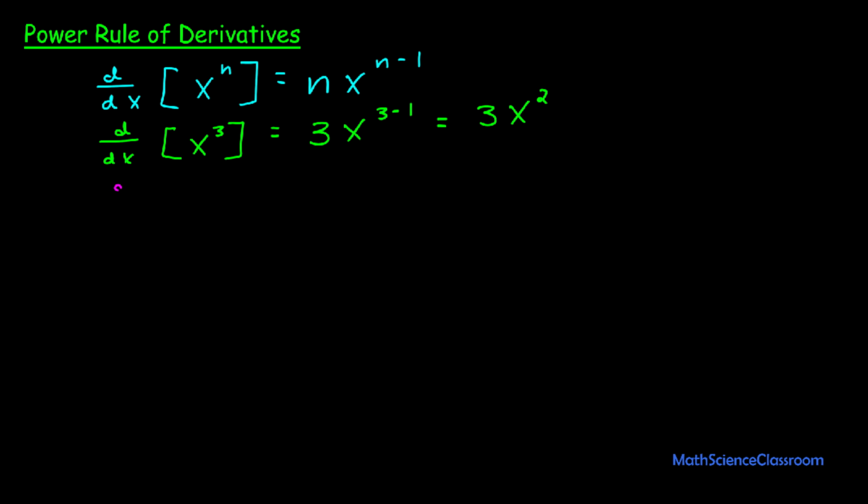We'll try another. d dx of x to the 5th: take the exponent, put it in front, 5x to the 5 minus 1 equals 5x to the 4th power.